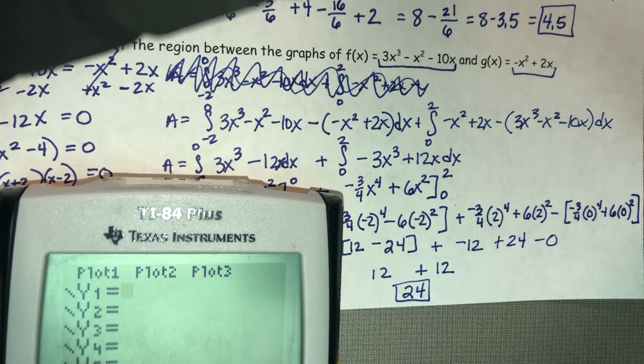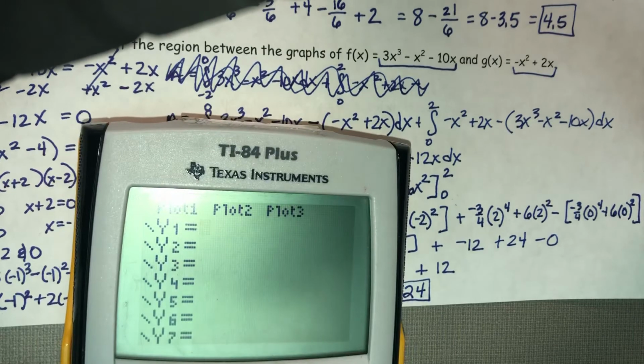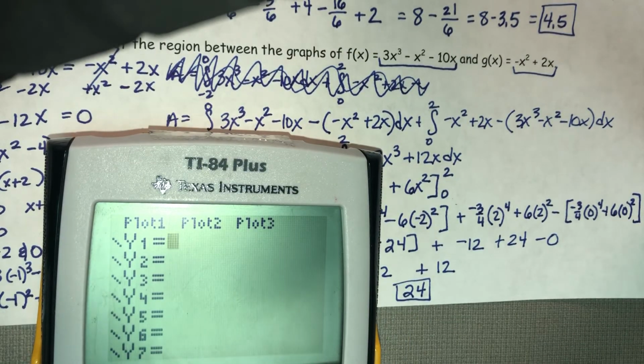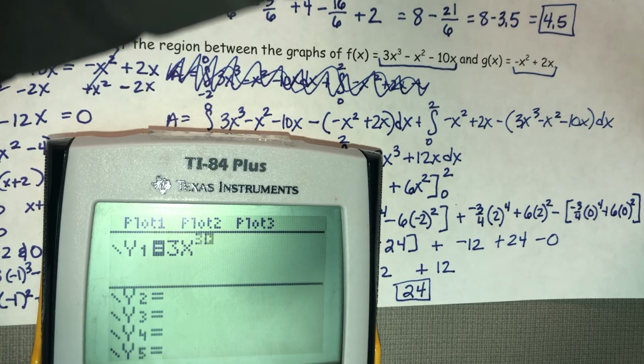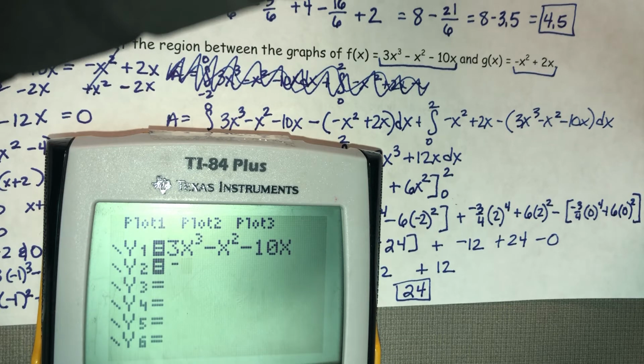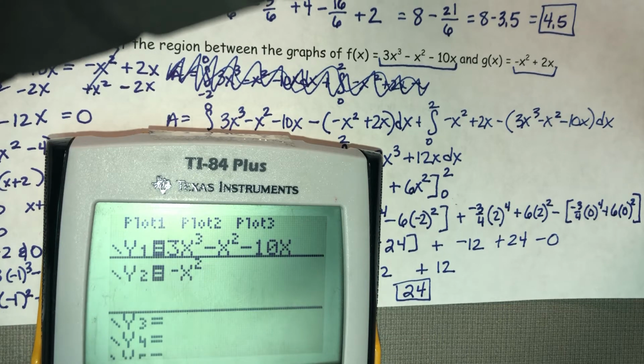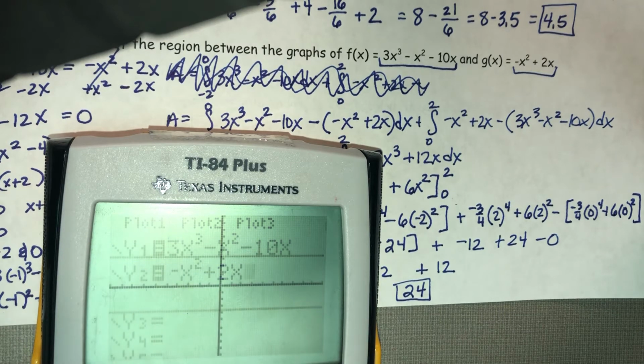Let's see, go to y equals. Let's put in these two functions. 3x to the 3rd minus x squared minus 10x, and then the other one is -x squared plus 2x.